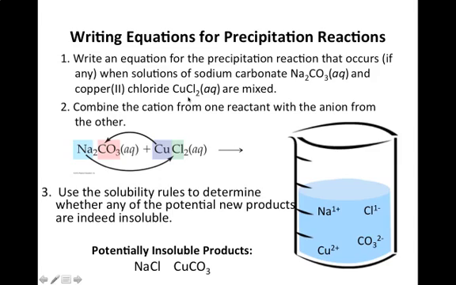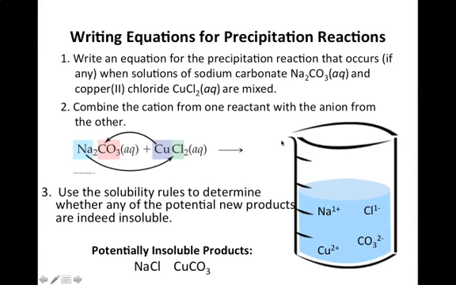When you write an equation for the precipitation reaction that occurs, if one does occur, when solutions of sodium carbonate, Na2CO3, aqueous, which means it's dissolved in water, and copper 2 chloride, aqueous, are mixed.